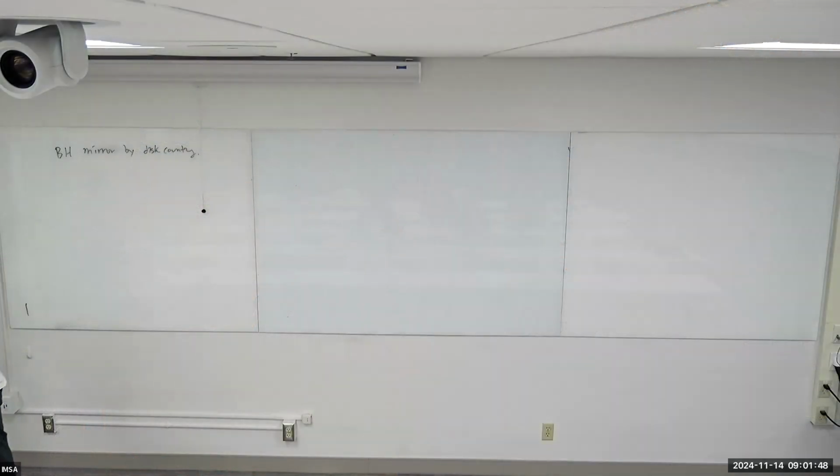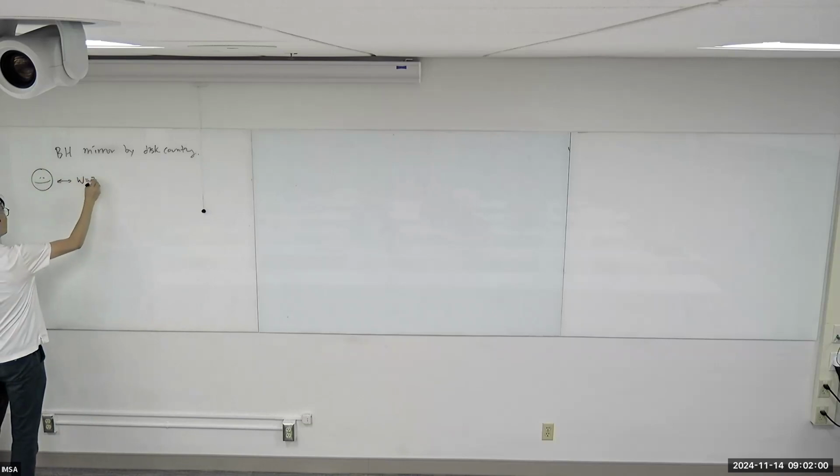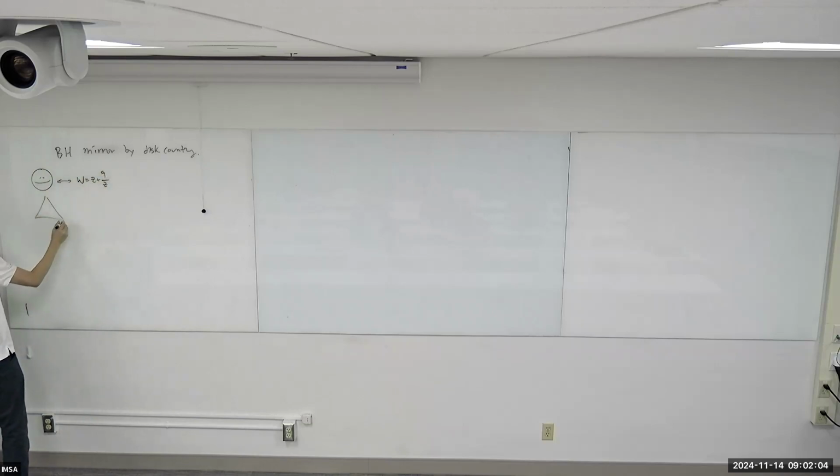Okay, so let me recall a little bit of what we did. So we were thinking about this kind of layers. And the point of last talk was we choose a Lagrangian.